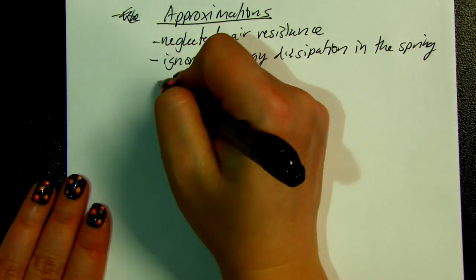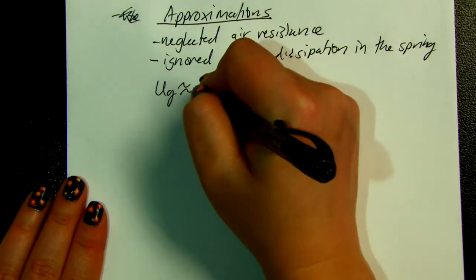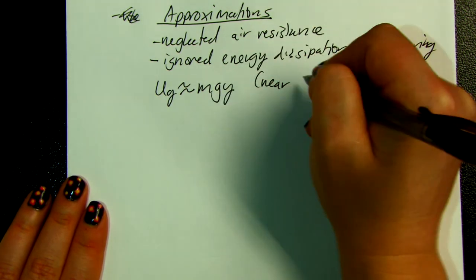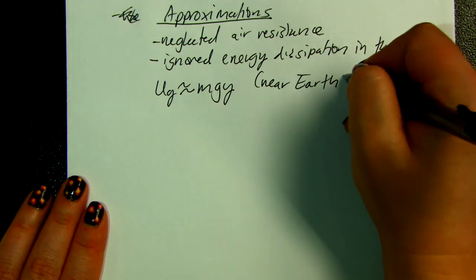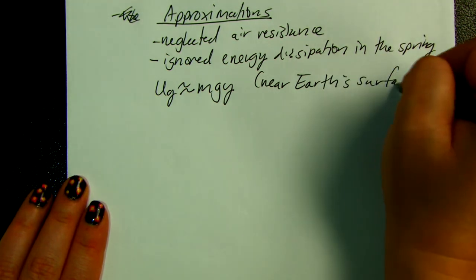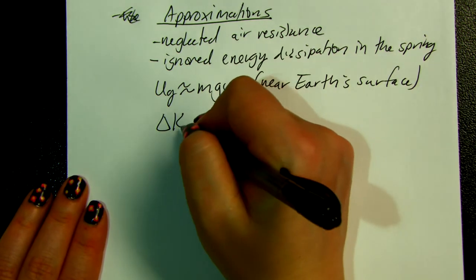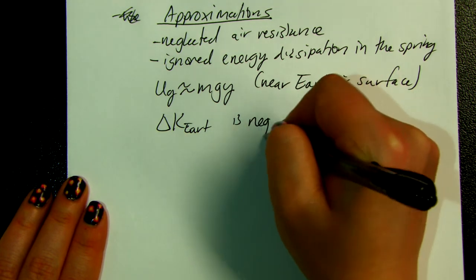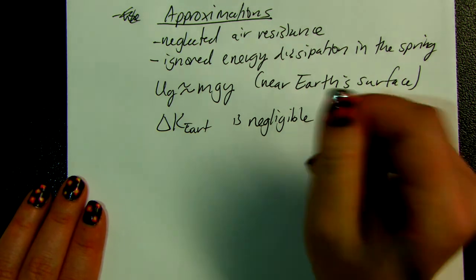And we use the approximation for gravitational potential energy near Earth's surface being equal to mgy. And that's a perfectly reasonable estimation to make, as we saw in Chapter 6. And we assumed that the change of kinetic energy from the Earth is negligible, which is an exceptionally reasonable assumption to make. I mean, you're not measuring that one. That's not changing the setup.